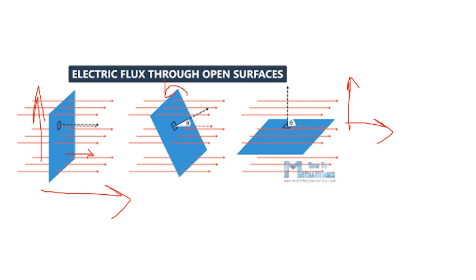What I want to convey here is that the area is the same, the field lines are the same, but the flux is different, which is based on area and field directions.